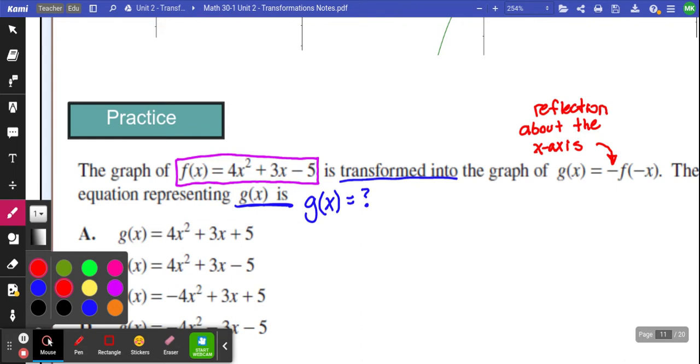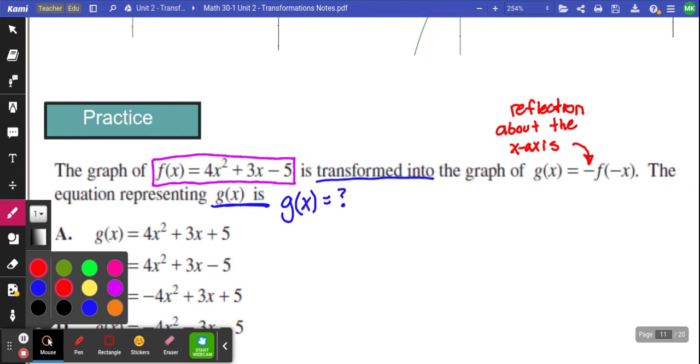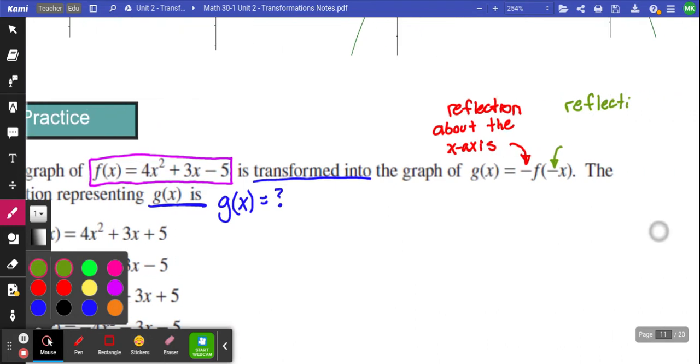Apparently I didn't put an n in reflection, and the i and the o are just one word now. Visually, that's what's happening. Visually, this negative means reflection about the y-axis.